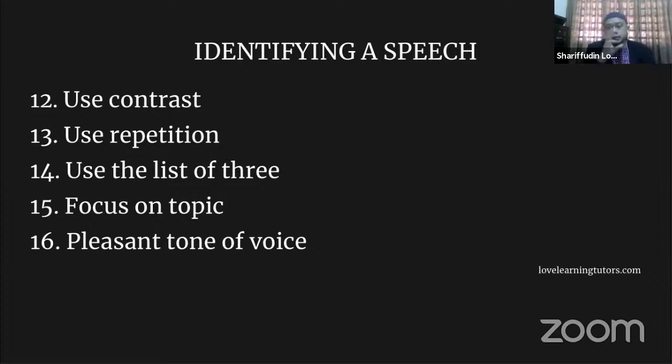Each person is unique. Macam mana dia nak guna suara dia tu is by realizing that this is my voice, and I am going to use my voice as good as possible.